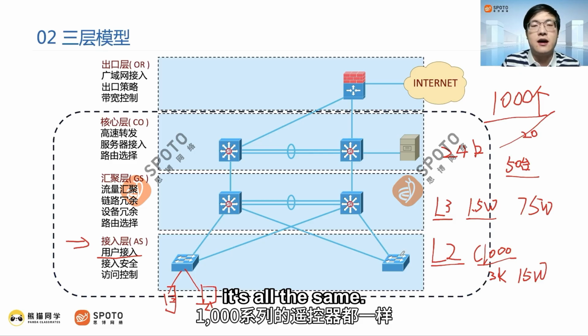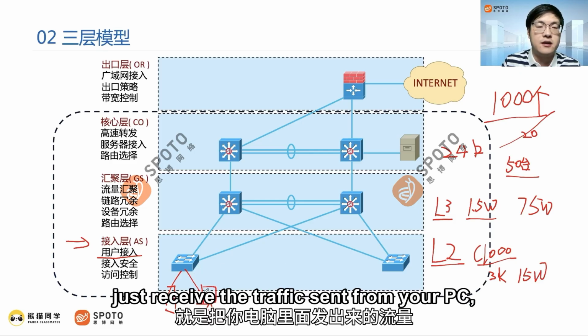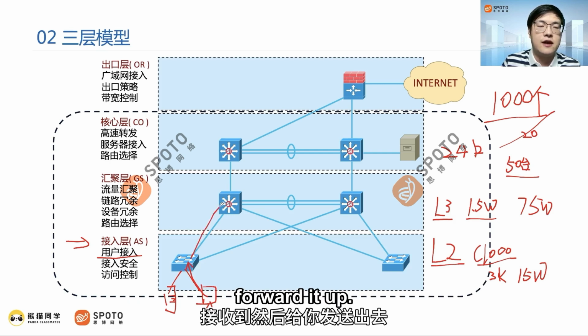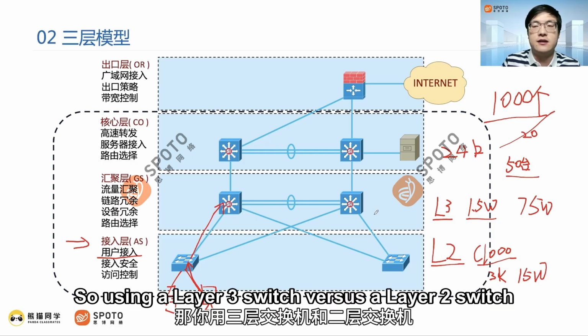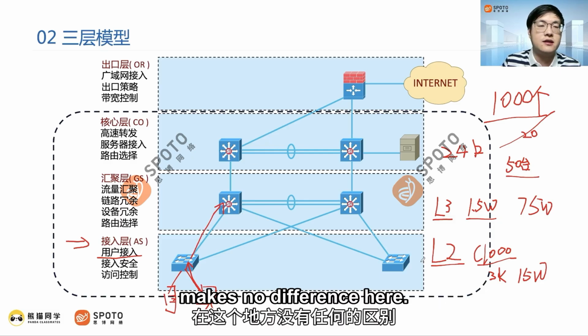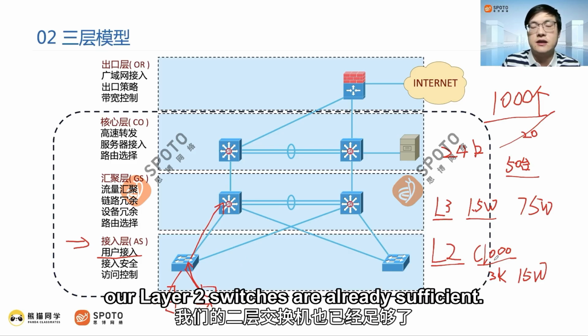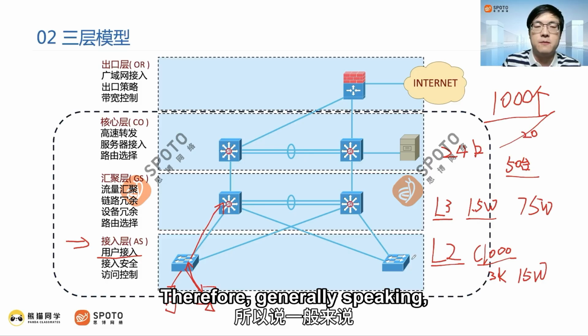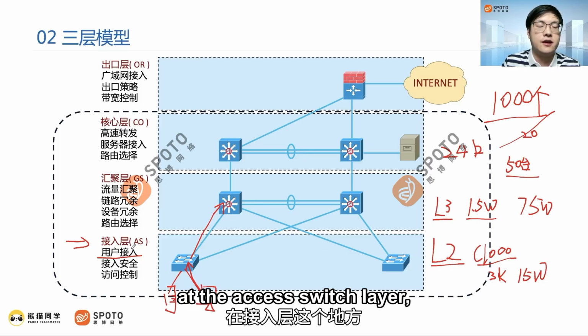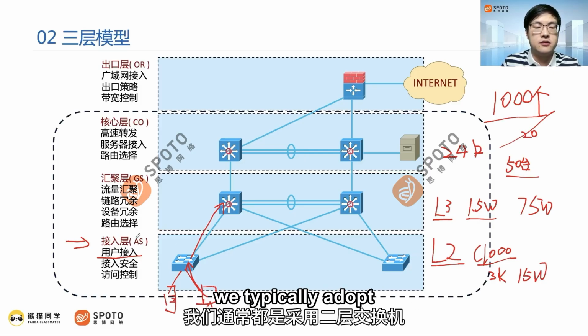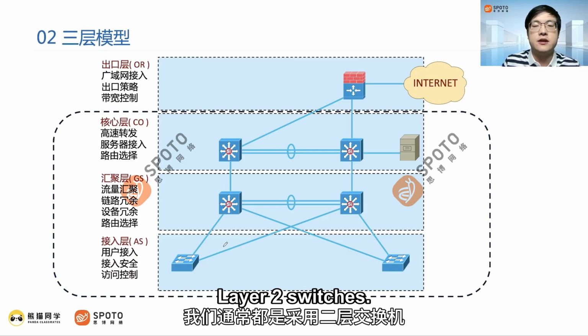It's all the same, because its role is quite simple: just receive the traffic sent from your PC, and then forward it up. So using a layer 3 switch versus a layer 2 switch makes no difference here. From a performance perspective, our layer 2 switches are already sufficient. Therefore, generally, at the access switch layer, we typically adopt layer 2 switches.